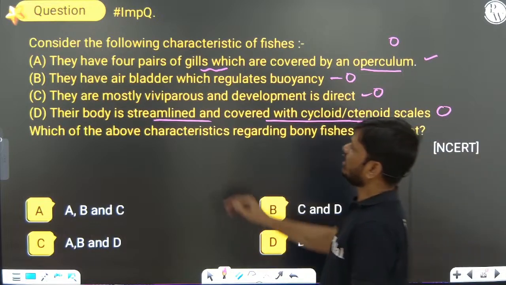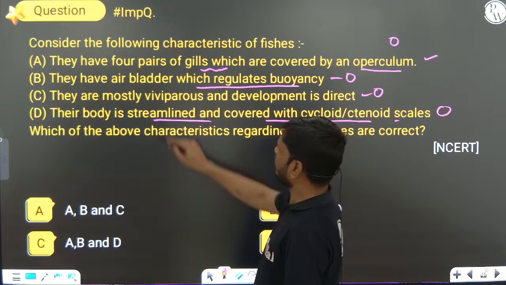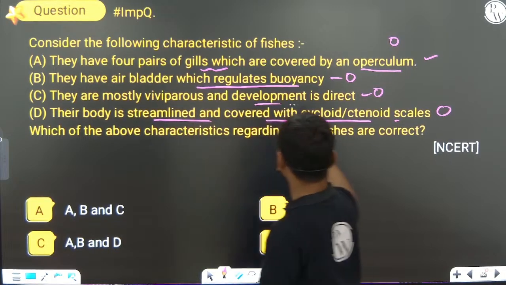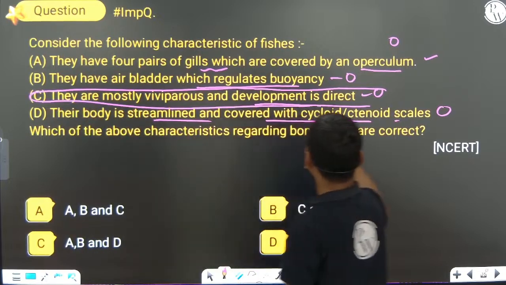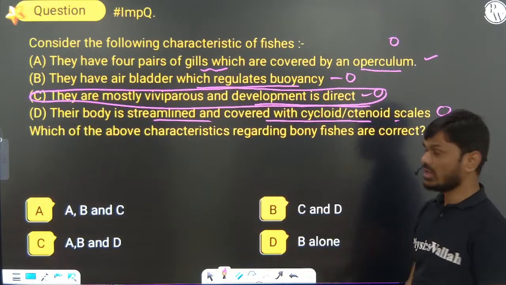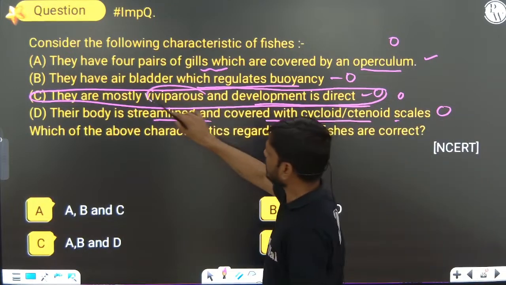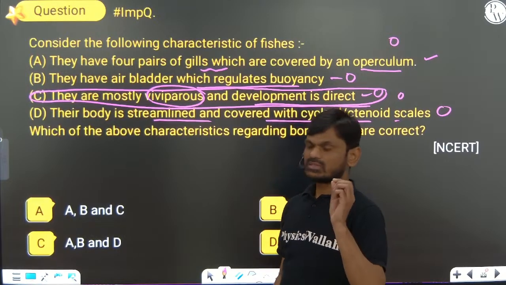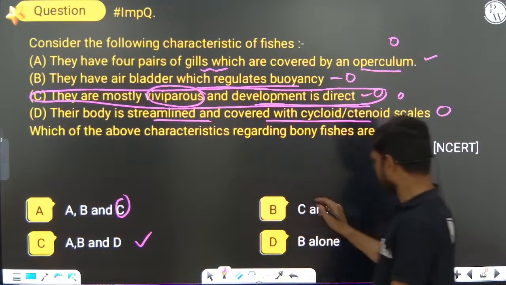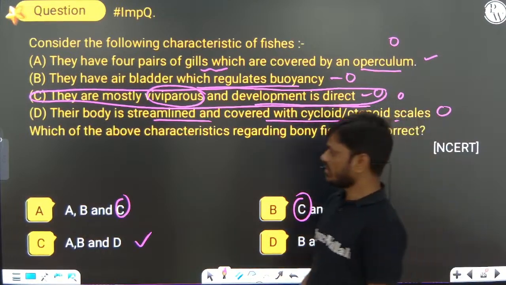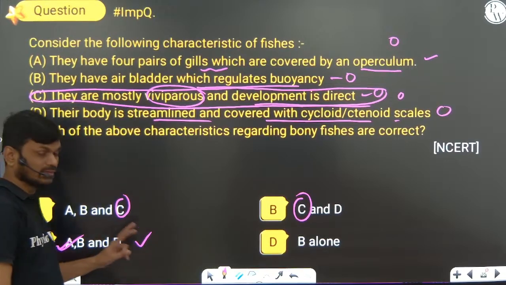They have an air bladder which regulates buoyancy. They are mostly viviparous: this is not correct, Osteichthyes are oviparous, but viviparity is a characteristic feature of Chondrichthyes species. So among A, B, C, D you can remove the C option, right? So the correct answer is A, B and D.